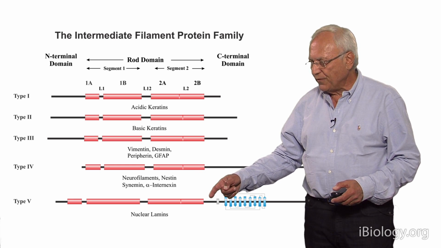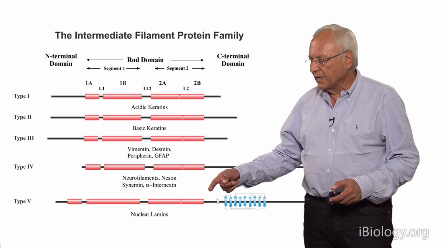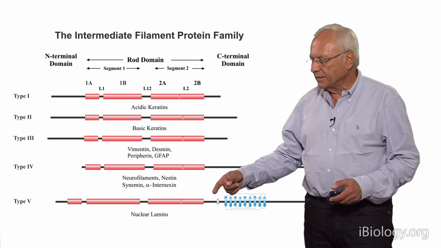And finally, there's the type 5 intermediate filaments, which are the nuclear lamins, which we will discuss in the second lecture.